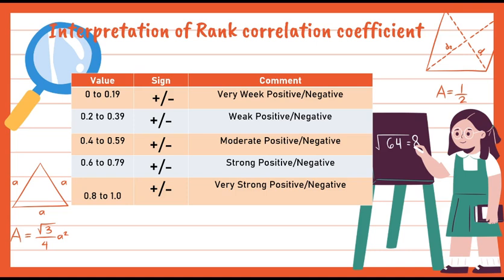And if it is between minus 0.79 and minus 0.6, then there is a strong negative relationship. More than 0.8 means a very strong positive relationship, and less than minus 0.8 means a very strong negative relationship between the variables.